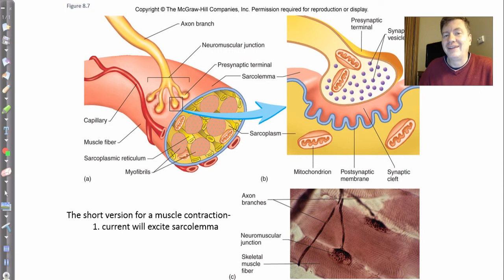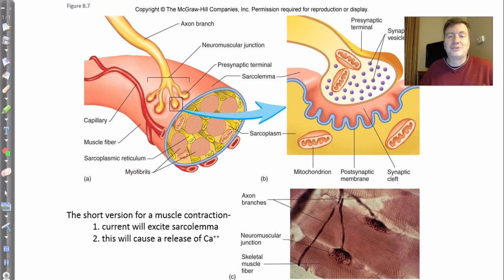A current, an electric current, is going to excite the sarcolemma. An impulse is going to be sent down. In this case, here is the part of a neuron. It's going to be sent down to the end of a neuron, to what we call the axon, and it's going to cause an electric current to be able to jump the gap, jump the space between the neuron and the sarcolemma.